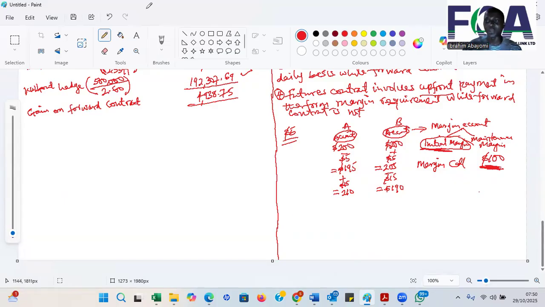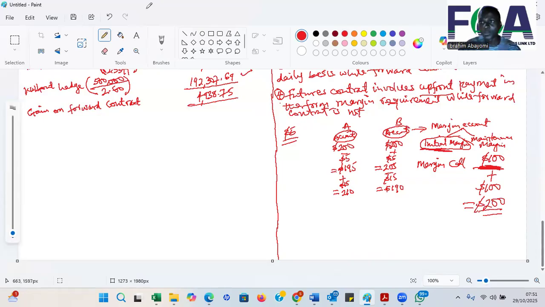So if your account balance has reduced to $100, the minimum margin you need to have in your account, then you receive a margin call. You will deposit an additional $100 to bring the account balance back to the initial margin.